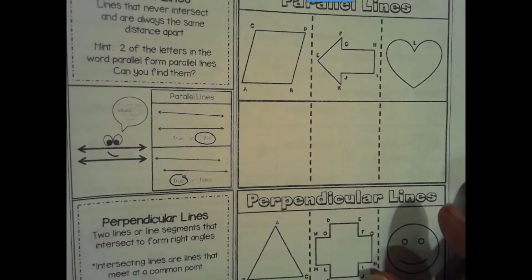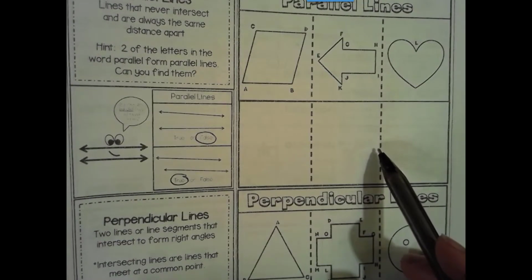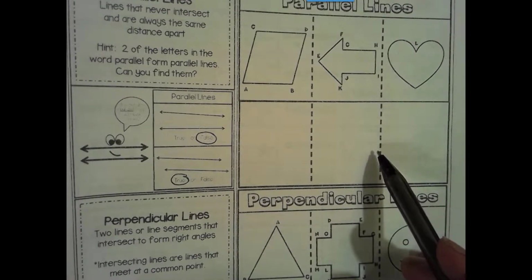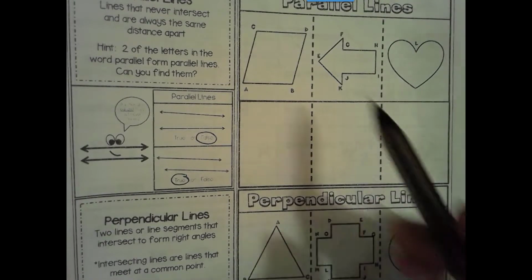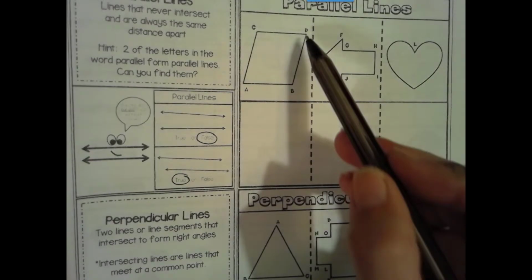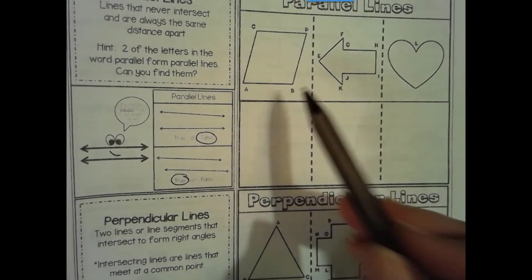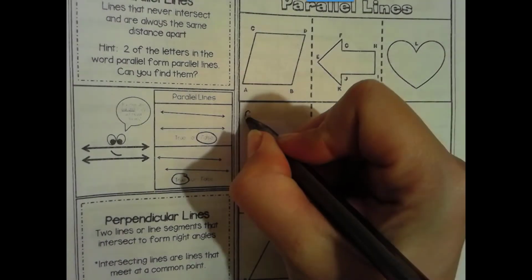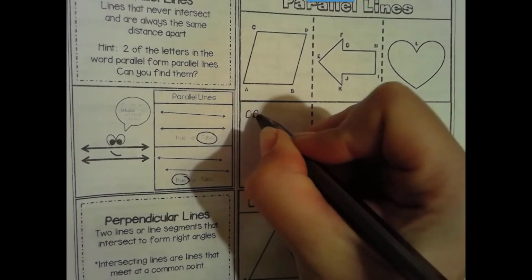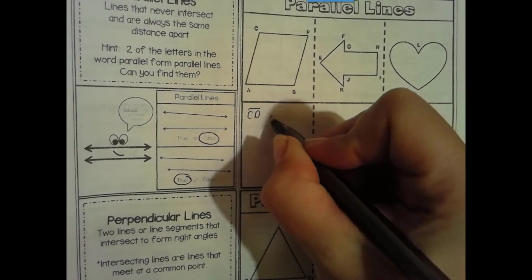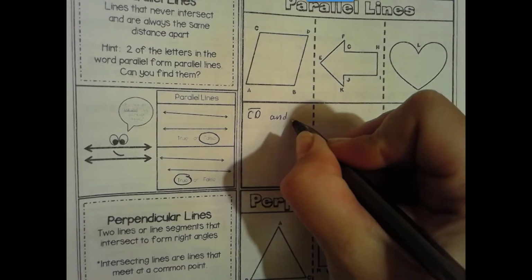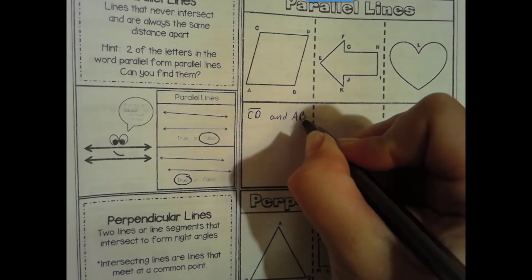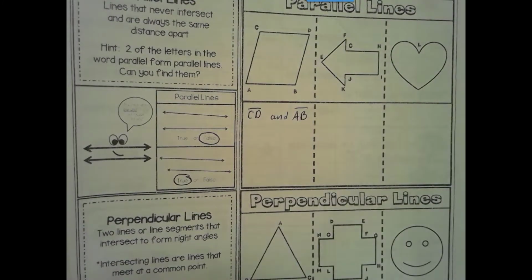So now in these shapes, we want to identify any parallel lines. Well, here we have line CD and line AB are parallel. So line segment CD and line segment AB are parallel.